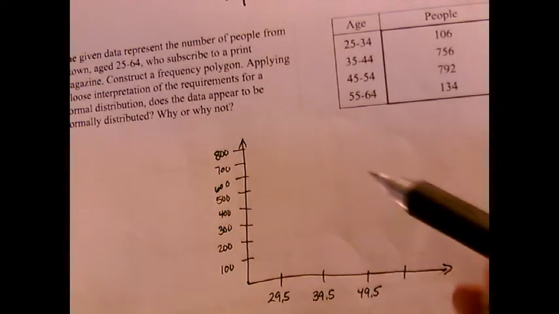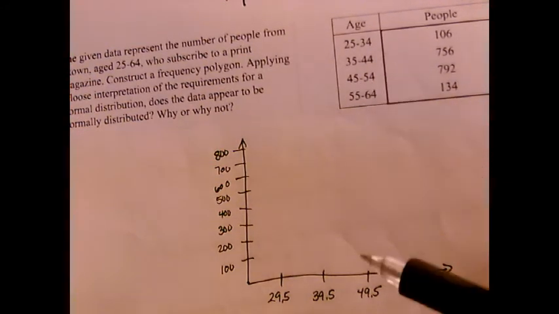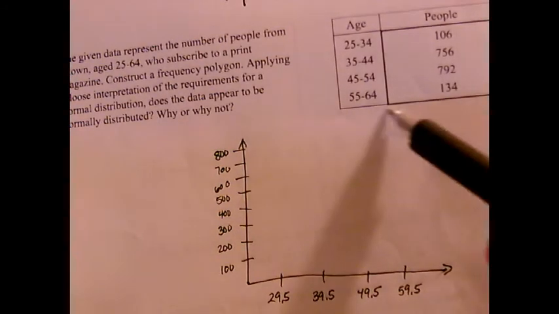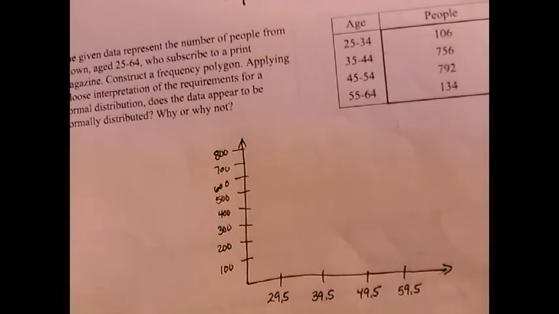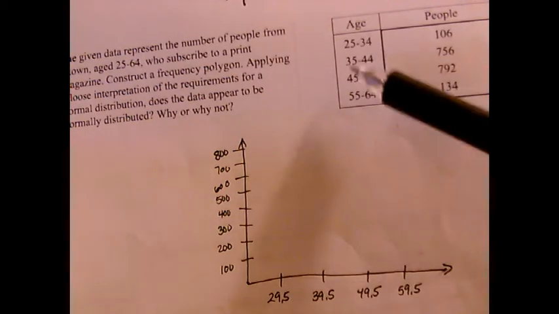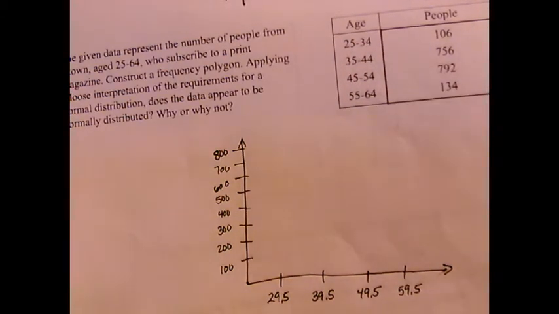That represents the class midpoint for 45 to 54, and then add 10 more, you'll get 59.5. That represents the class from 55 to 64. Okay, so you can see how you can easily get your other class midpoints by finding the first class midpoint and then finding out what your class width is, and then just add that to the first one to get the others.